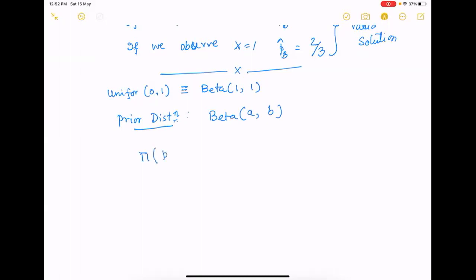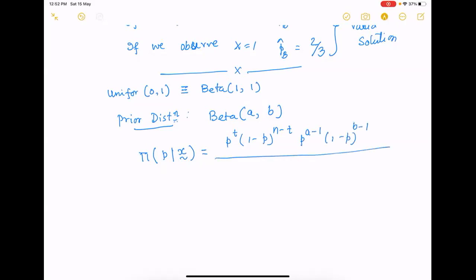So the conditional posterior distribution is proportional to P to the power T, 1 minus P to the power N minus T. Now the PDF of the beta distribution is P to the power A minus 1, 1 minus P to the power B minus 1.